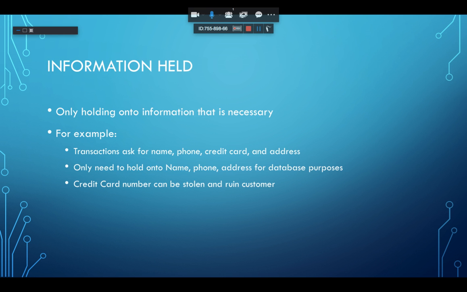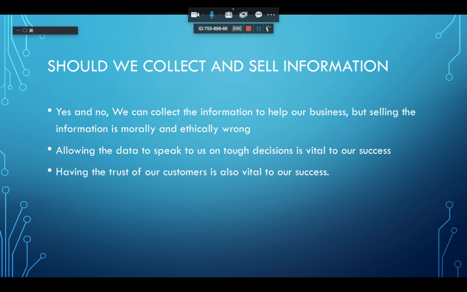Just like I've been talking about, only holding on to information that is necessary. For example, for a transaction with name, phone, credit card, and address, we only need to hold on to name, phone, and address for database purposes, as this will connect us to the customer. The credit card number can be stolen and ruin the customer, so why should we hold on to that? Why put our company at risk while also putting the consumer at risk? It just doesn't make sense for us.